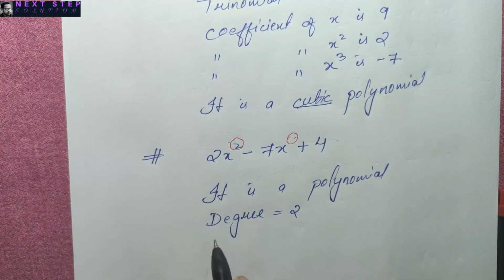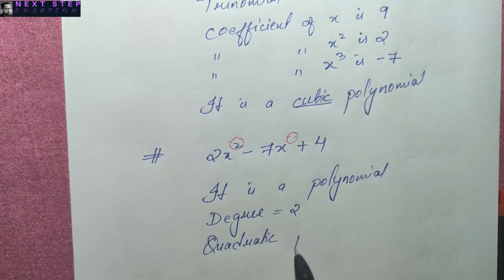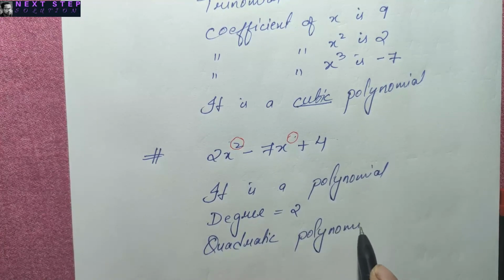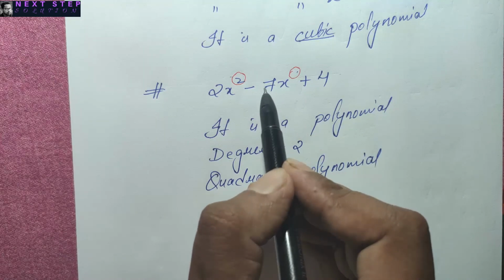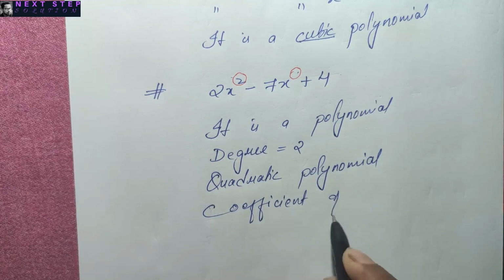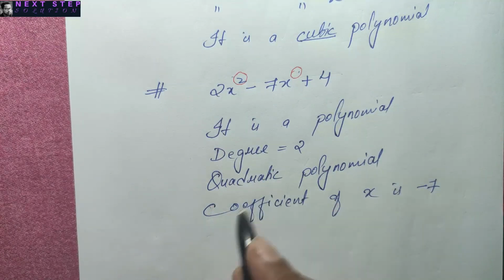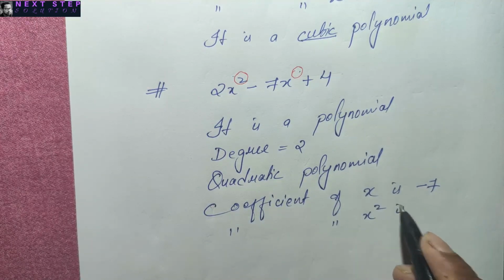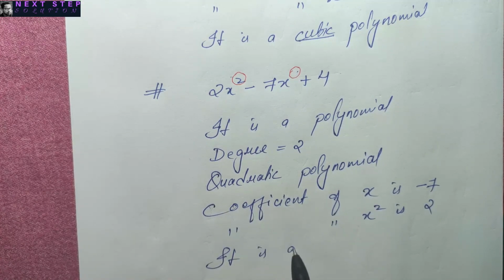And if it is of degree 2, this will be called a quadratic polynomial. Then the next thing is coefficient. What is the coefficient of x here? The coefficient of x is -7. And what is the coefficient of x square? The coefficient of x square is 2. Then whether it is monomial, binomial or trinomial: it has 3 terms, so it is a trinomial.